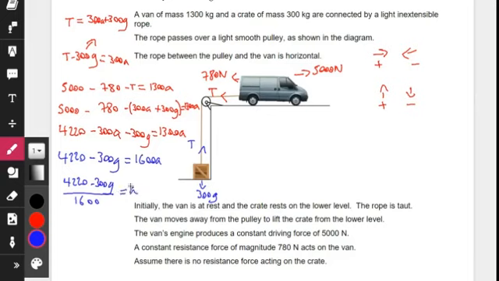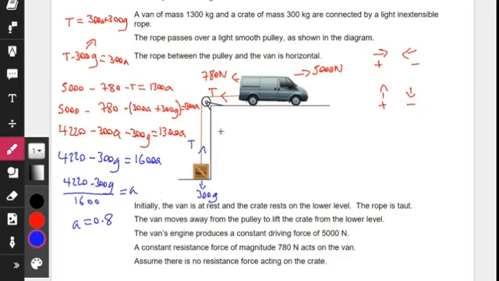And we are hoping that equals 0.8. 300 times 9.8, divided by 1,600. Yes, that comes out to be 0.8, which is what we wanted.